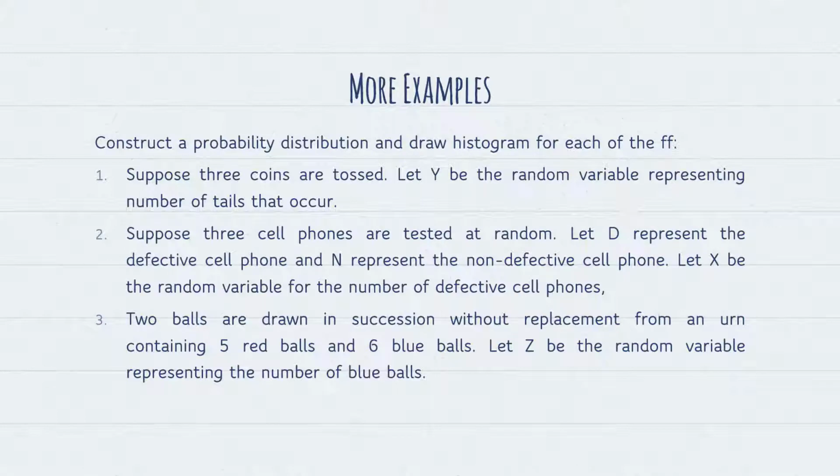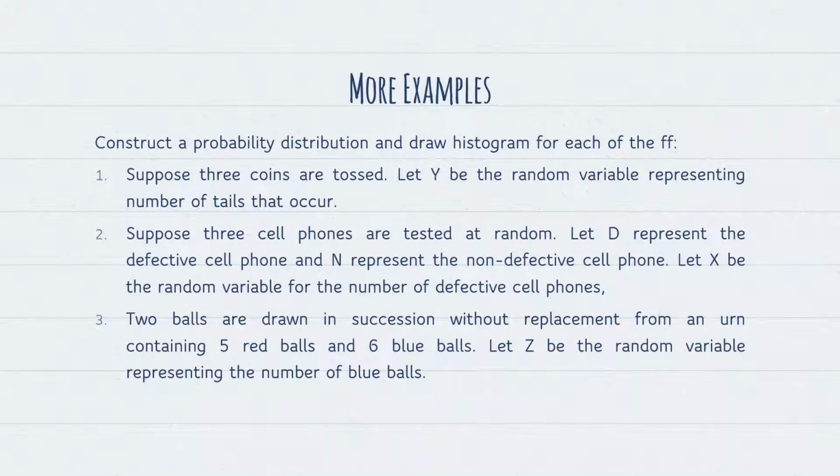Okay, we have here more examples. We construct a probability distribution and draw a histogram for each of the following. For number 1, suppose 3 coins are tossed. Let y be the random variable corresponding to the number of tails that occur. For number 2, suppose 3 cell phones are tested at random.